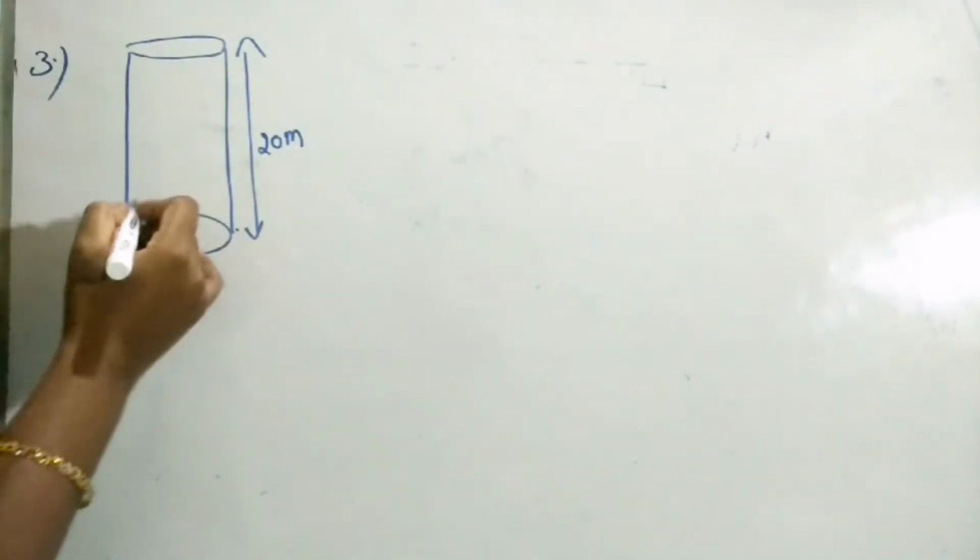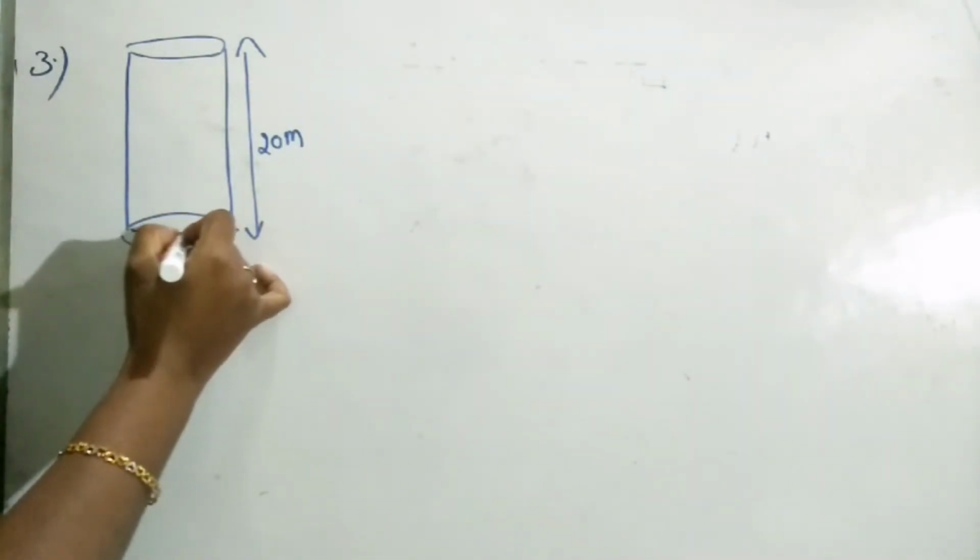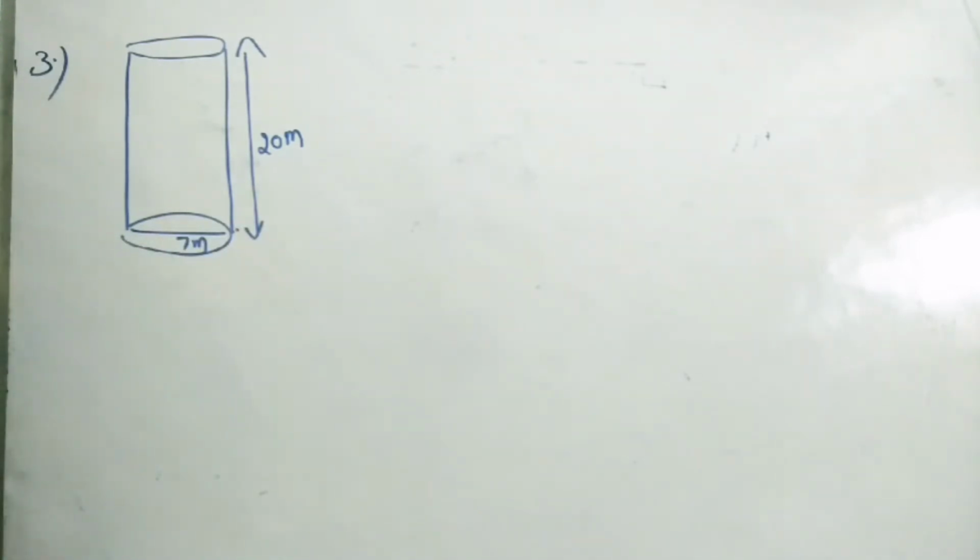Diameter is given, that is 7 meter. A 20-meter deep well with a diameter 7 meter is dug, and the earth from digging is evenly spread out to form a platform 20 meter by 14 meter.